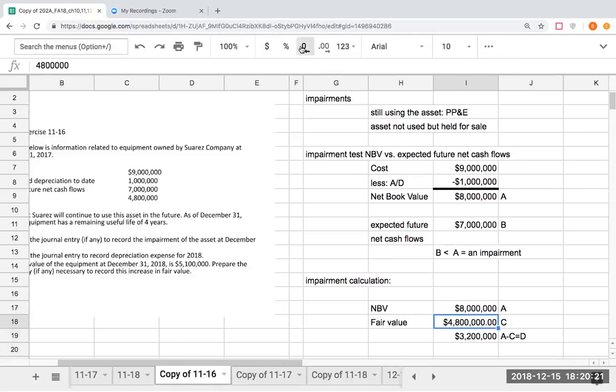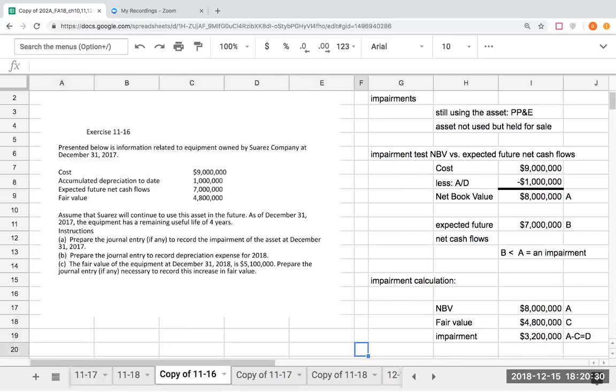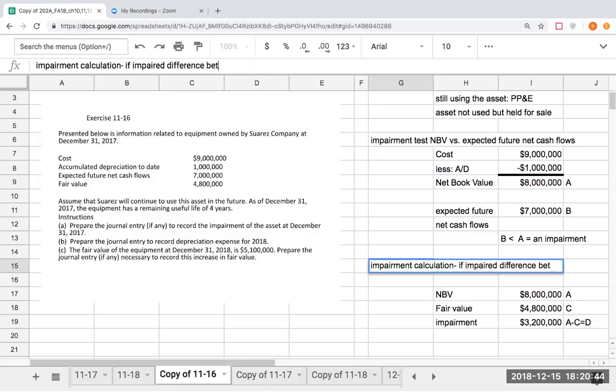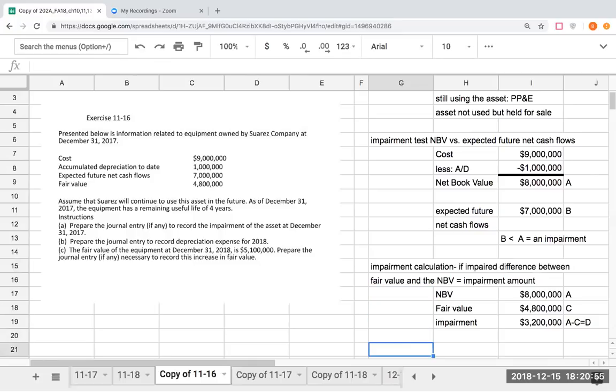So there's been a decline of $3.2 million. The impairment calculation is: if impaired, the difference between the fair value and the net book value is equal to the impairment amount. So we need to impair the asset.